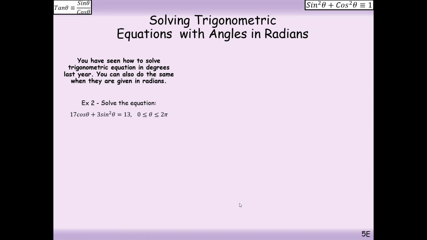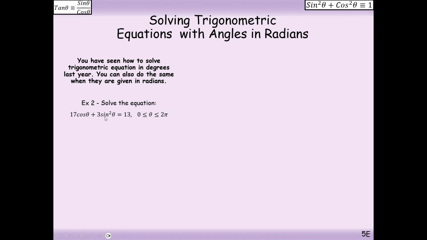So in this next example, we've been given the equation 17 cos theta plus 3 sine squared theta equals 13. And we look at the domain of values. It's between 0 and 2 pi, and the cos and sine both are in terms of single theta, so that's fine.